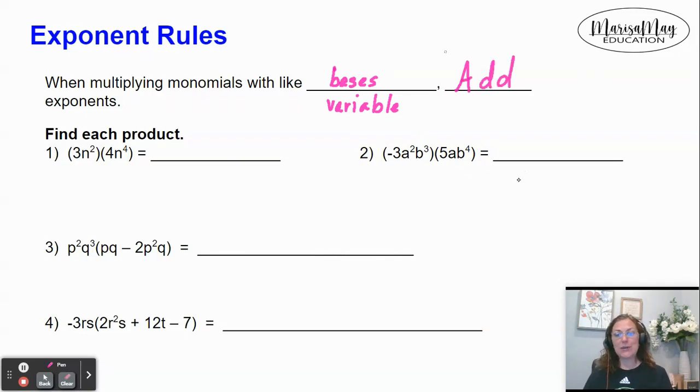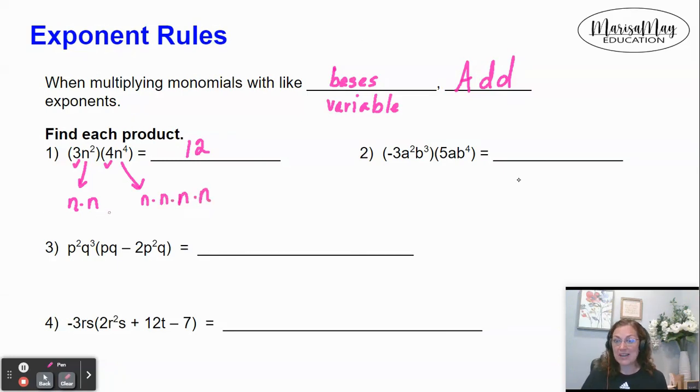So let's take a look at a few examples so we can kind of clarify this. When we look at number 1 here, I want to go ahead and multiply the numbers in front. So 3 times 4 here would give me 12. But when I look at n to the second times n to the fourth, let me show you what really happens. n to the second means to multiply n times n. n to the fourth means to multiply n times itself 4 times.